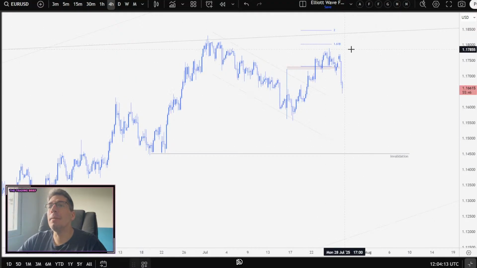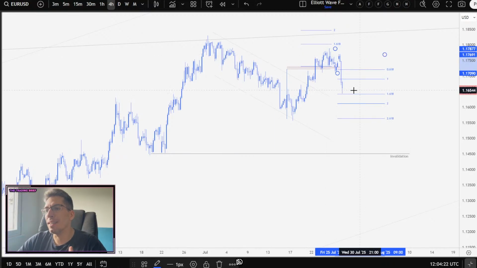We can do the same thing as we are trying with the dollar index, just using Fibonacci expansion. You see, the market is really close to the 1618. If we take this out, there is a good chance that we are going to take this low at 155.60, and from there go towards this invalidation point.